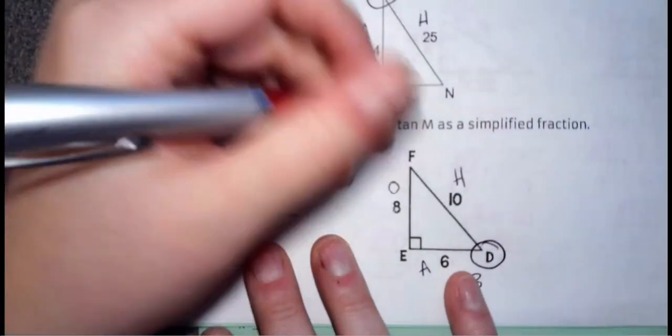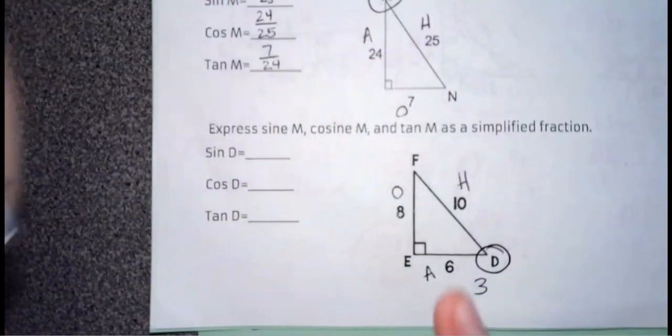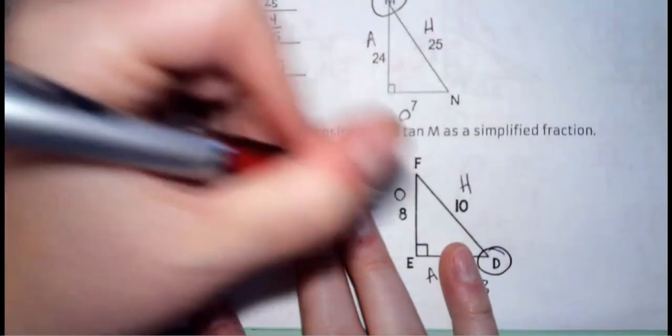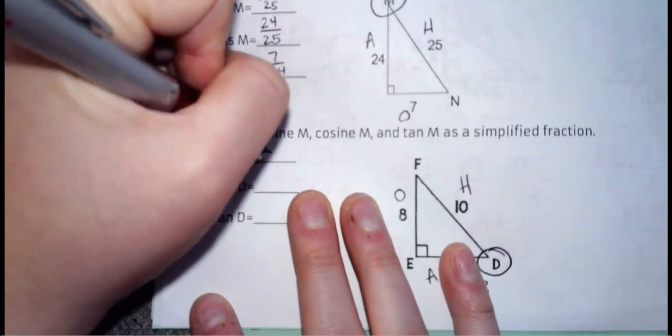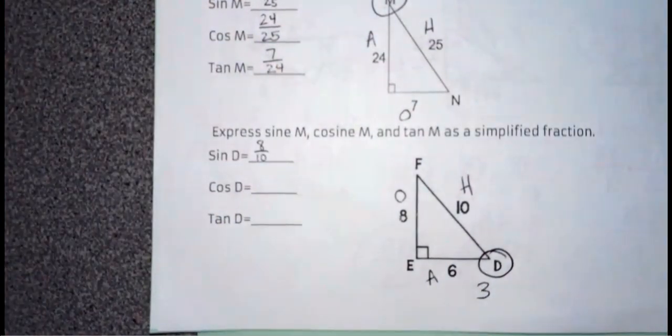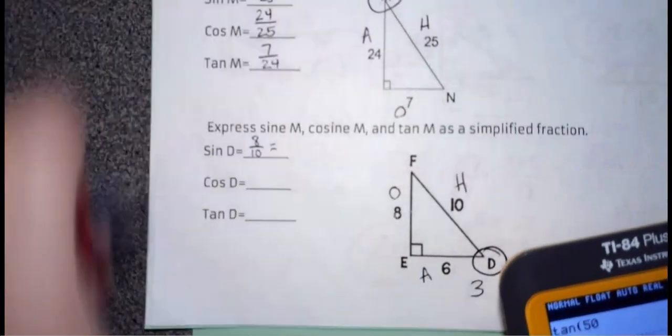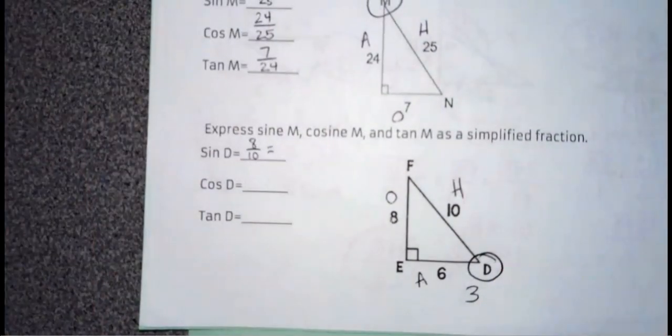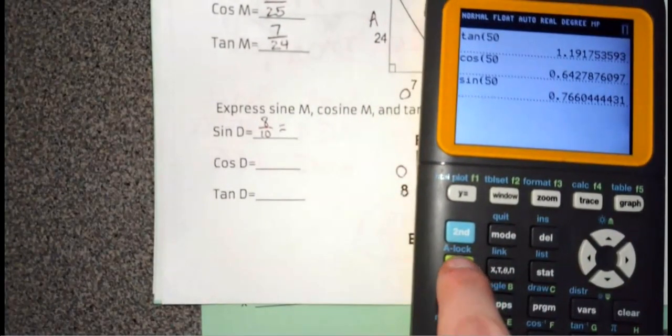All right, so our sine is O over H. Remember, some old hippie. So O over H is 8 over 10. The difference with this one, so here's what you're not going to do here. You're not going to type in sine of anything into your calculator. But you do want to simplify 8 over 10. So you can do one of two things. If you know how to simplify that in your head and see, oh, you can divide both of those by 2, great. If you don't know how to simplify those in your head, use your calculator as your friend.